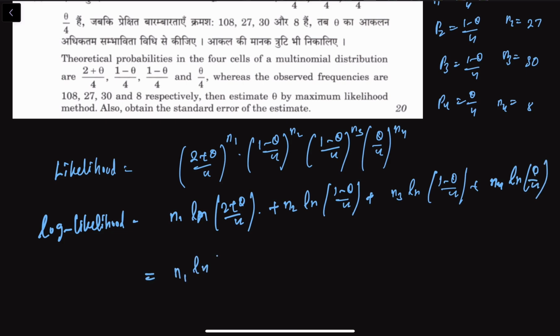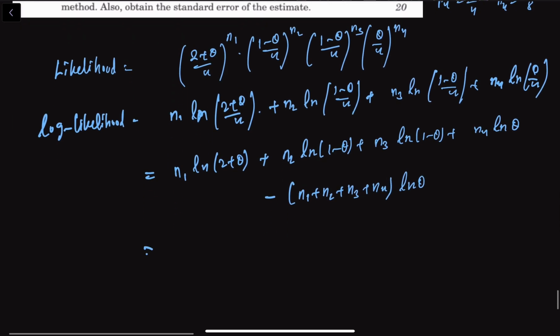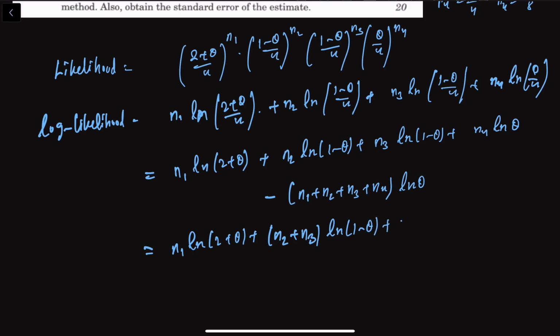If we simplify, it is n1 ln(2 plus theta), n2 ln(1 minus theta), plus n3 ln(1 minus theta), plus n4 ln theta, minus (n1 plus n2 plus n3 plus n4) ln 4, which is an additive constant. If we rearrange terms a bit, we get n1 ln(2 plus theta) plus (n2 plus n3) ln(1 minus theta) plus n4 ln theta. That is our log likelihood L of theta.